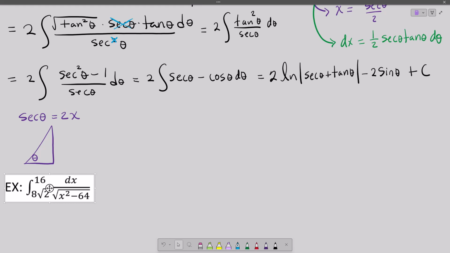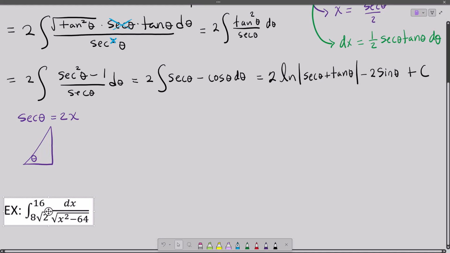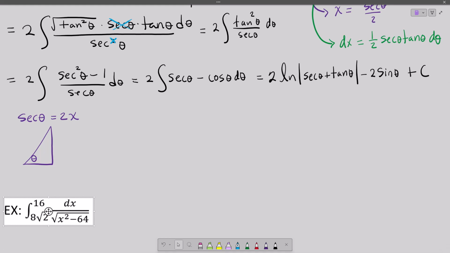And we have to use that substitution step to build 2 sides. So secant is opposite over adjacent. We want that to be 2x. So 2x and a 1.